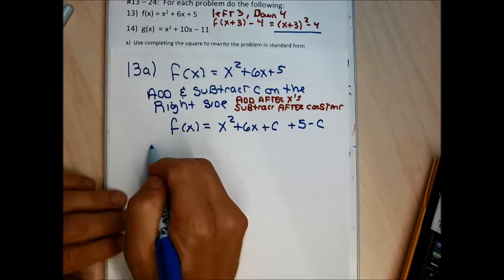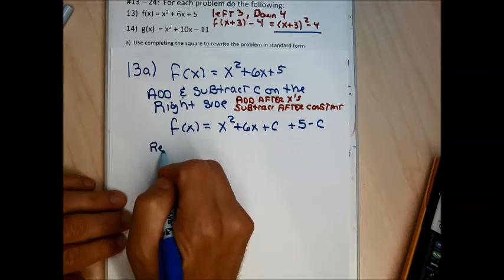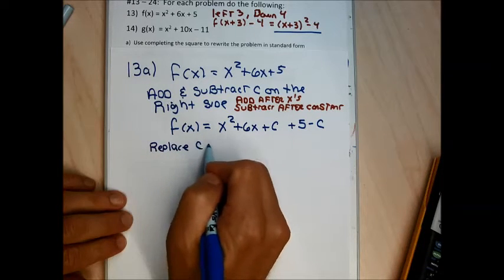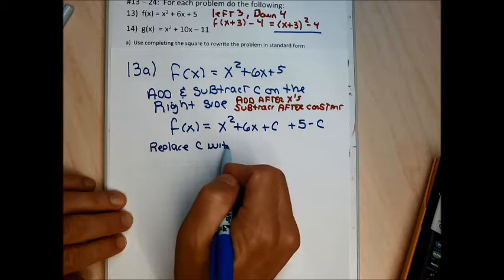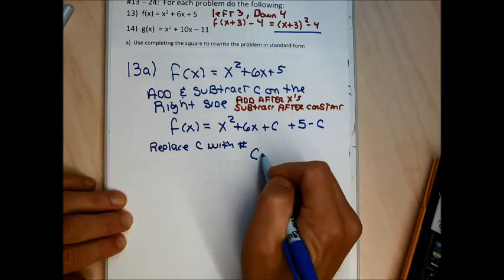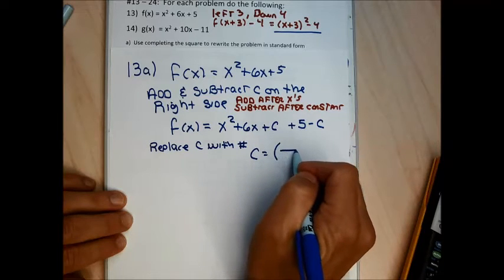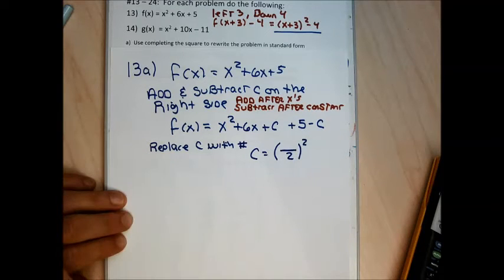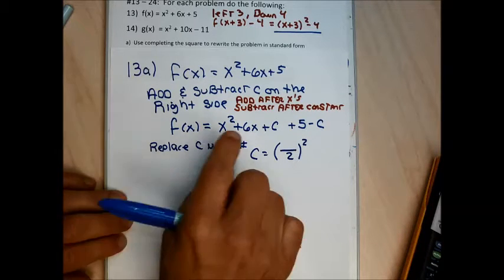Now I'm going to replace the c with a number. And you learn this in intermediate algebra, so hopefully it comes back quickly. And c is always the number in front of the x to the first power term divided by 2 squared.